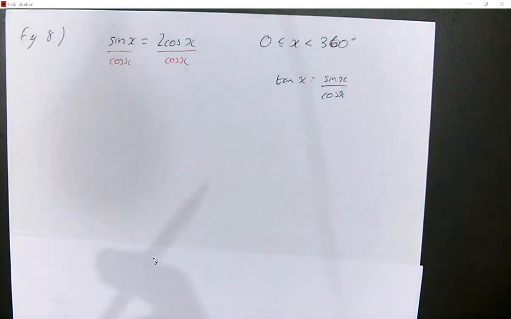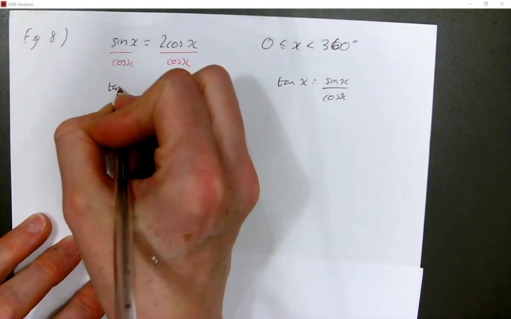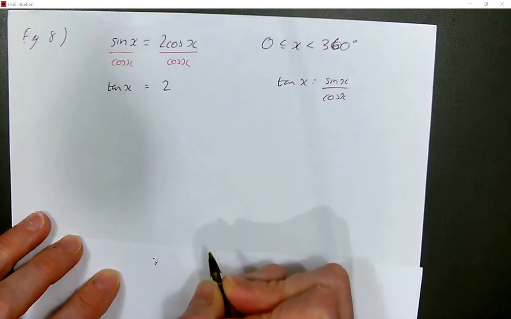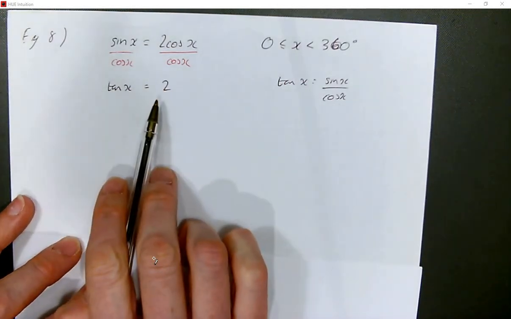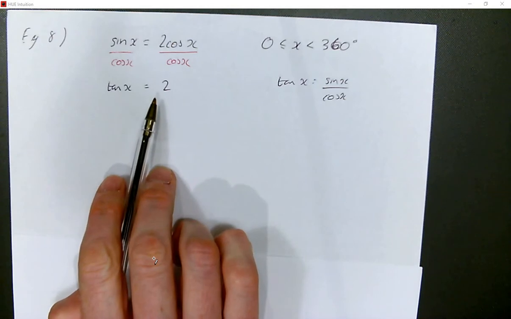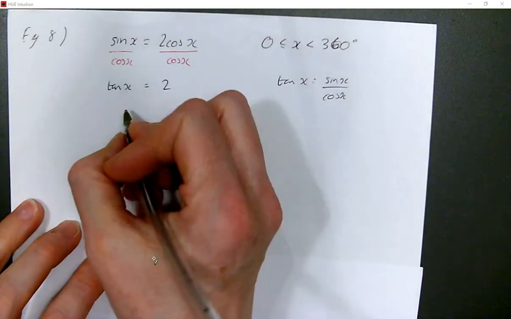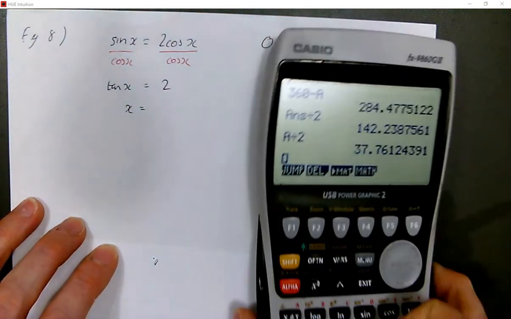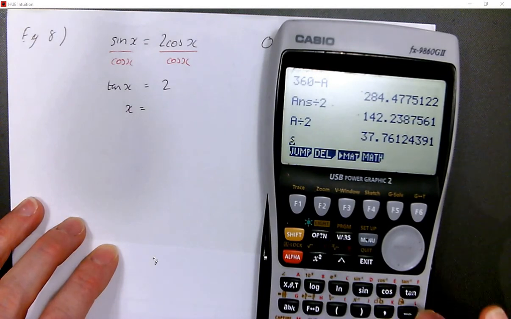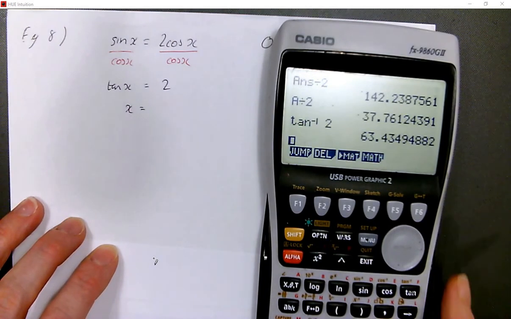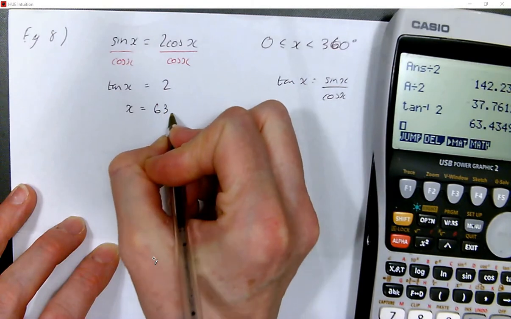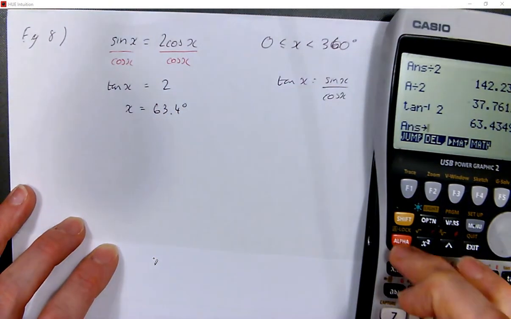That means on the left we've got tan x and on the right we've got 2. Now remember, that's fine for tan. Tan is not limited to be between -1 and 1. So let's do inverse tan of 2, and we get 63.4 degrees.